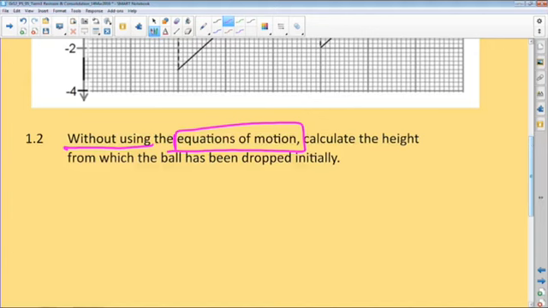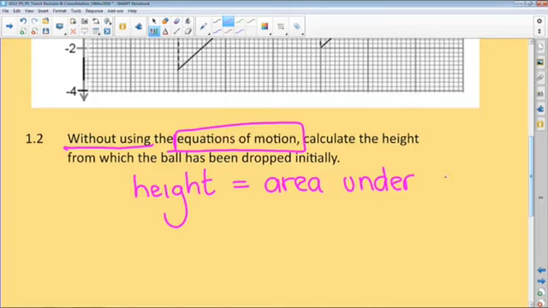So we want displacement, so we want the height, and that height is going to be equal to the area under the graph, okay? And in this case, that happens to be a triangle, and we remember that to get the area of a triangle, it's a half base times height.